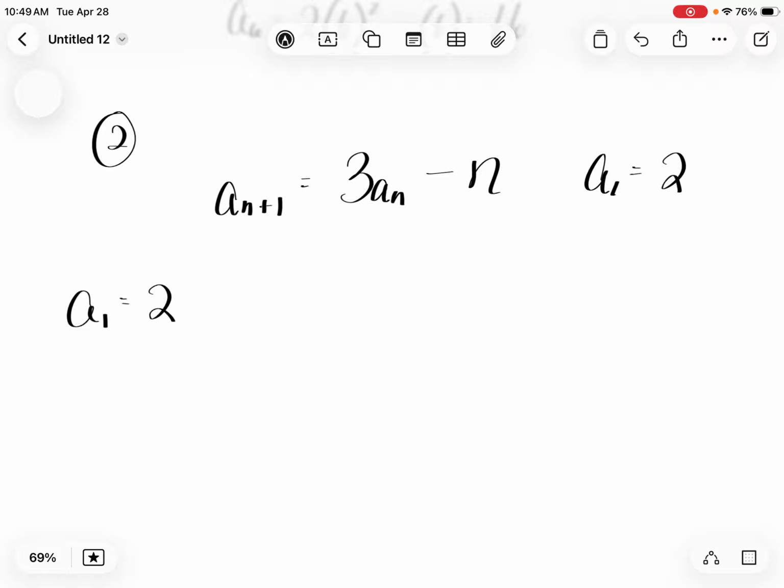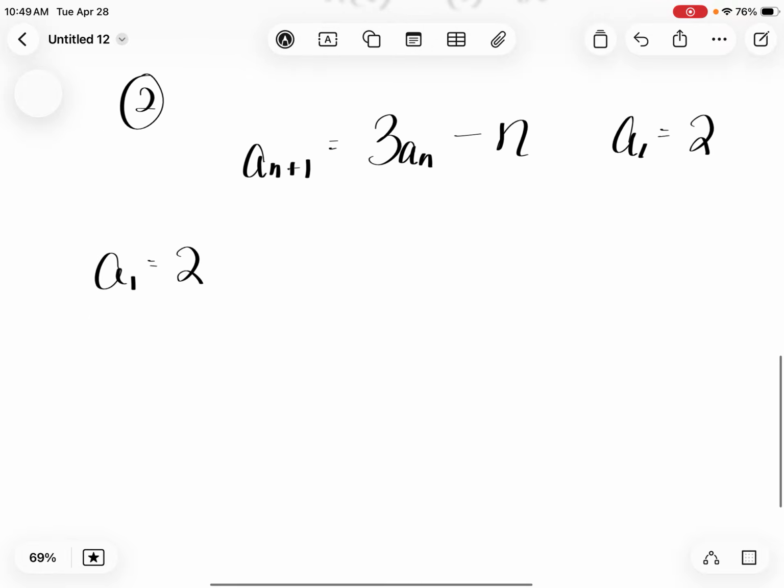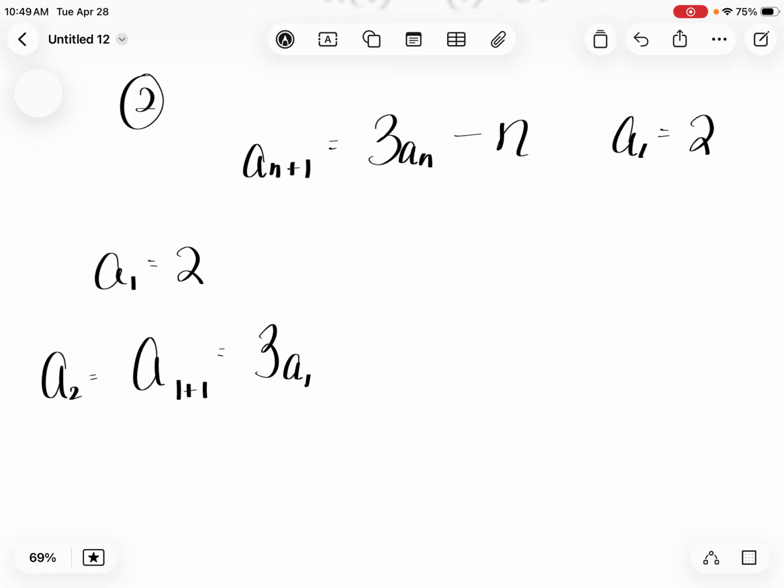So now, in order to get A2, here's what's going to happen. When you're doing that, that's the same thing as saying A1 plus 1. So 1 is your n for this thing. So 3 times A1 minus 1. Well, 3 times A1 is 2 minus 1. 3 times 2 is 6, minus 1 is 5.